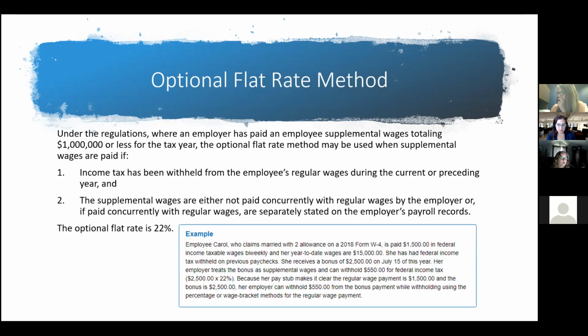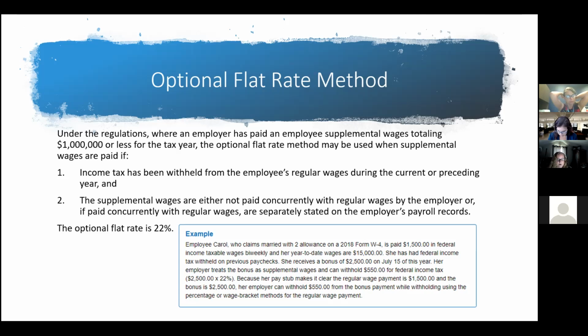So let's look at an example. Carol, who claims married with 2 allowances on a 2018 W-4, is paid $1,500 in federal income taxable wages biweekly, and her year-to-date wages are $15,000. She has had federal income tax withheld on previous paychecks, and she receives a bonus of $2,500 on July 15th of the year.